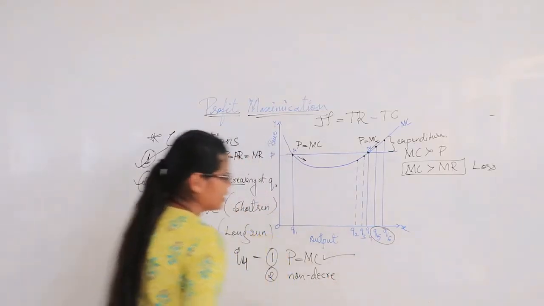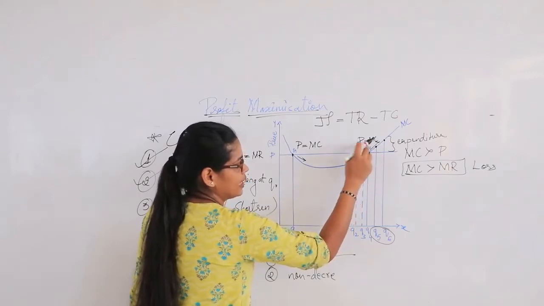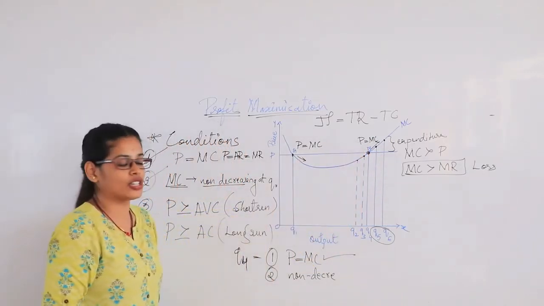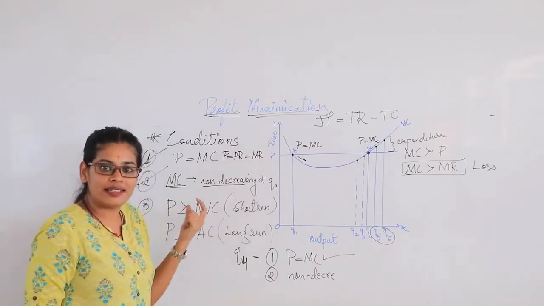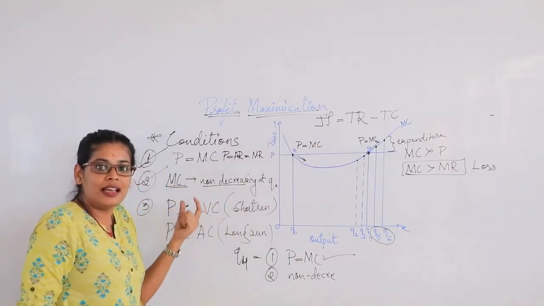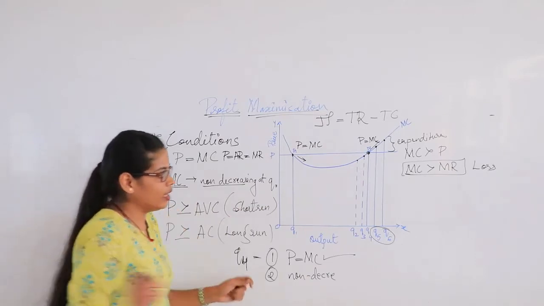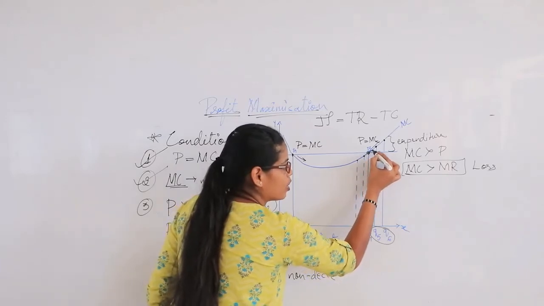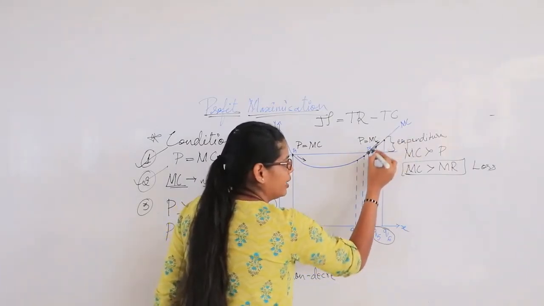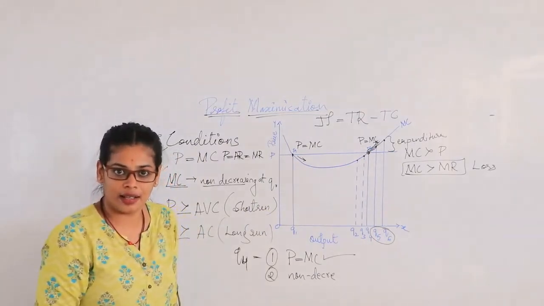So Q4 is the point B. At point B, you can see it has satisfied the first condition, and the second condition is telling us that the marginal cost must be non-decreasing. Here you can see it is not going down; the marginal cost curve is going upwards, rising, which means it is not decreasing, right?